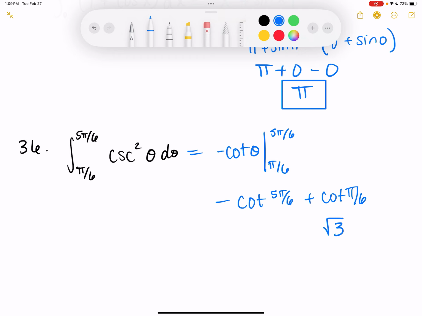At pi over 6 it's root 3 too, so they should be the same. So what is the answer? Is it just root 3 plus root 3? Is it positive or negative? Positive.